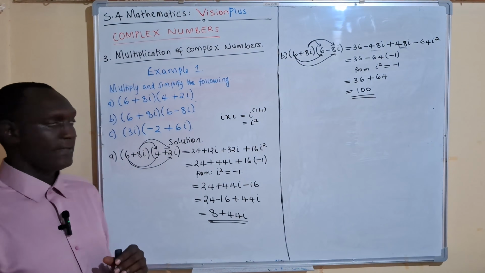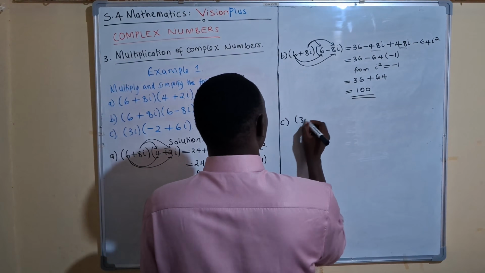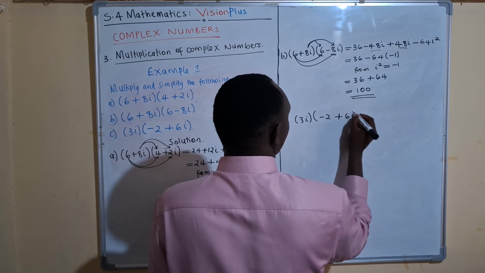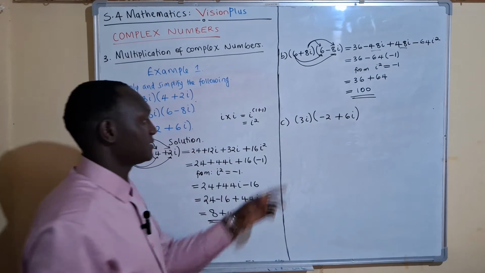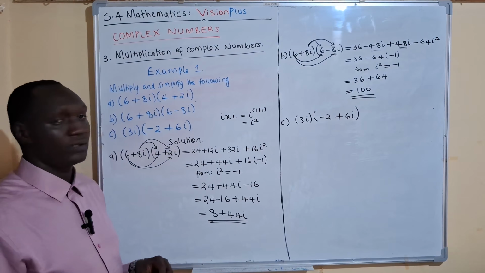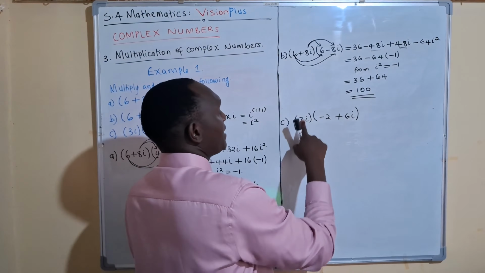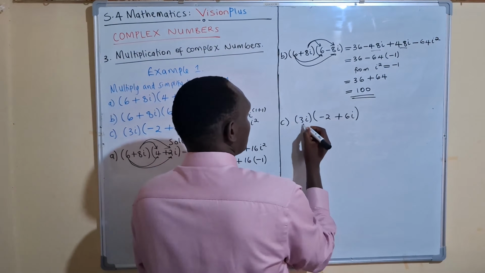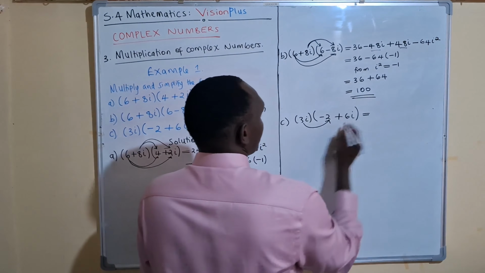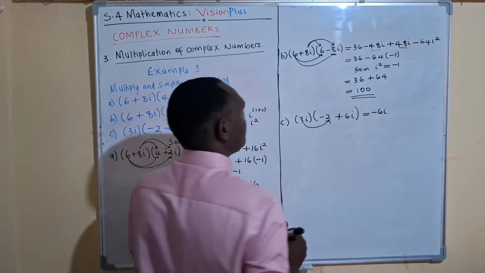Finally, going to part C, which is 3i times negative 2 plus 6i. There are two brackets. The first bracket contains only one term. So this one term has to multiply every other term in the next bracket. So 3i times negative 2 is negative 6i.